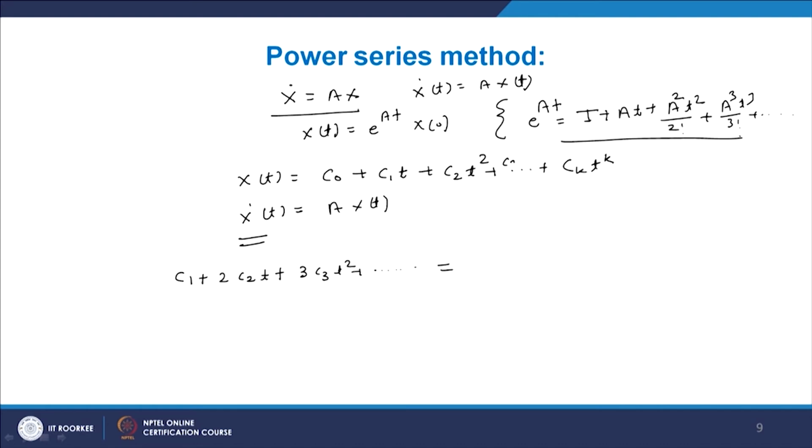Here C3 t cube is there, so 3 C3 into t square equals A into x of t. So, we can write A into C0 plus C1 t plus C2 t square, or C3 t cube. So, these terms we have got, and now our main purpose is to get this result.